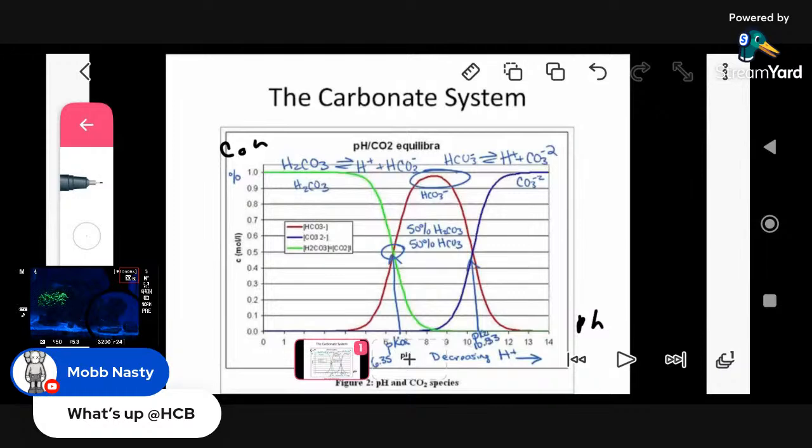Let's read it from left to right. The green right here, and the green right here, this is carbonic acid. It should be carbonic acid, and if it's not, let me know.